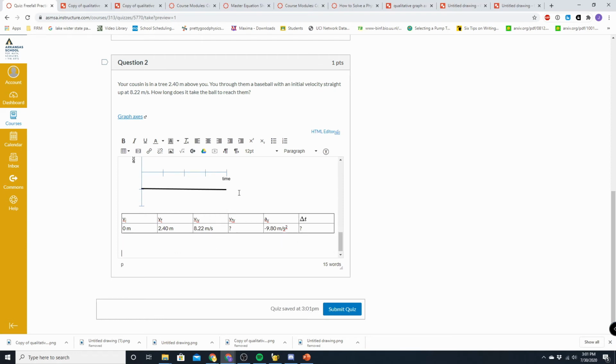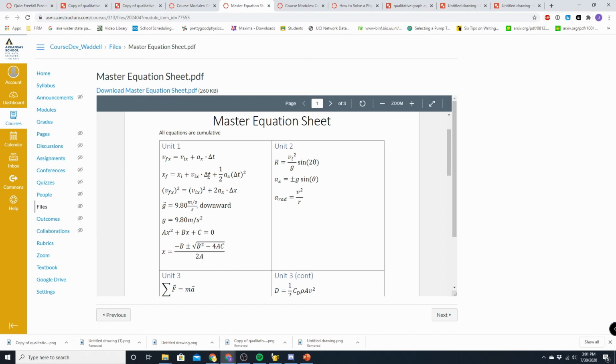We need to figure out which equation is going to best match the values that we know. And we're looking for time here. Well, this would be good, right? Because we know the initial velocity and the acceleration, and we're looking for delta t, but we don't know what VFX is. We don't know the final velocity. VFY, I guess.